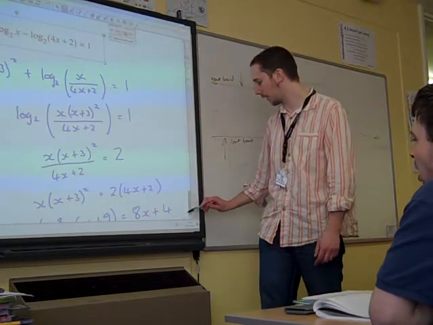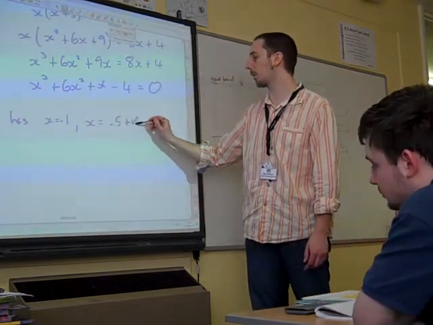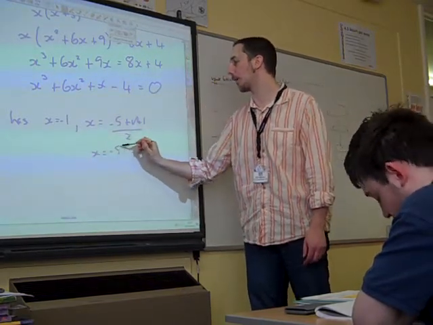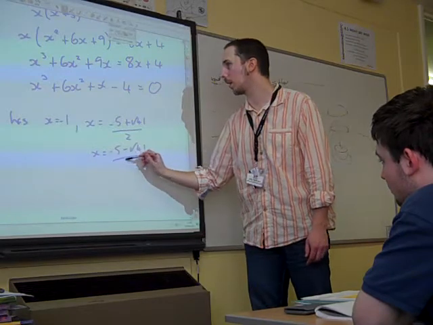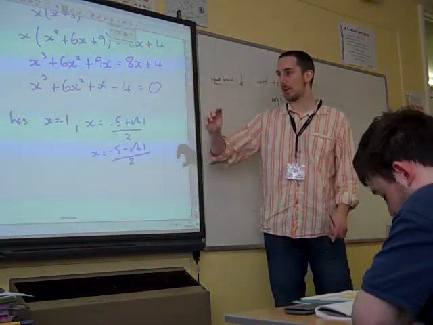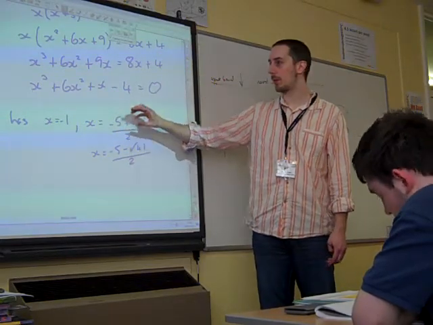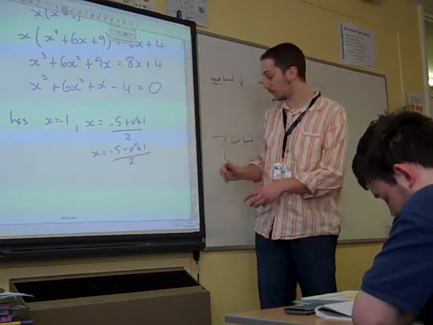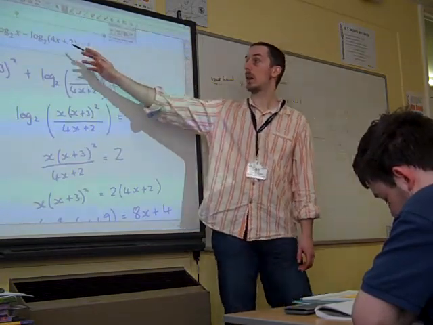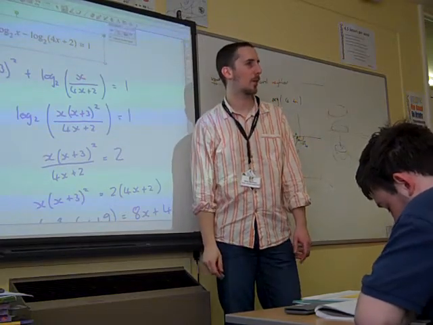So it had -5 plus root 41 over 2, and -5 minus root 41 over 2. And we're saying that these 3 points are the roots of this equation, and we want to know why this equation only has 1 root.